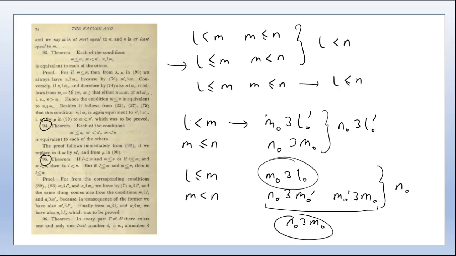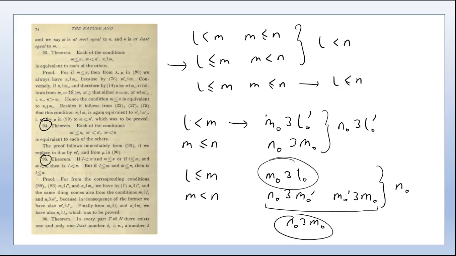Finally, M naught is a part of. But we also have that M naught. Did I miss something off somewhere? We have also. Oh, sorry, I've made a mistake, haven't I?